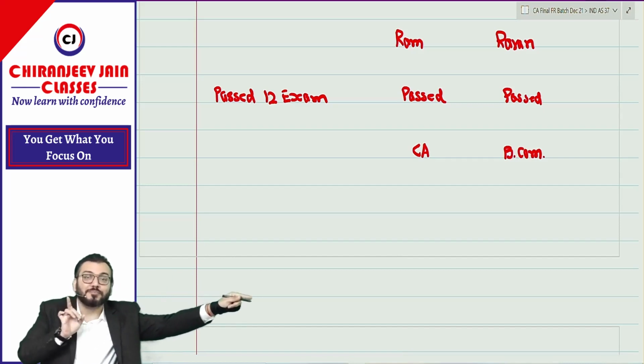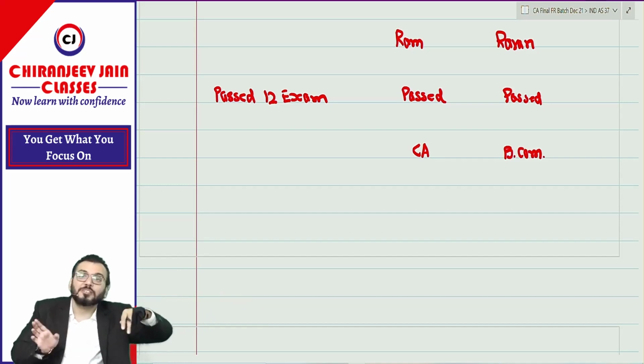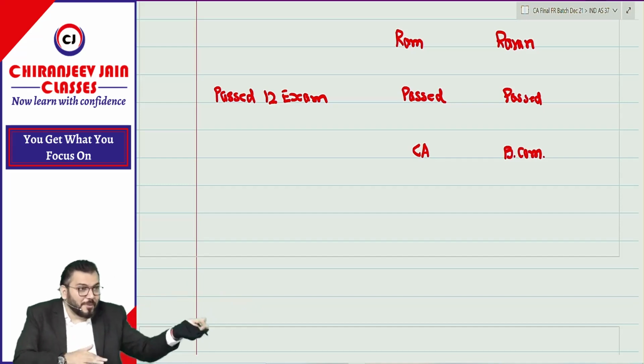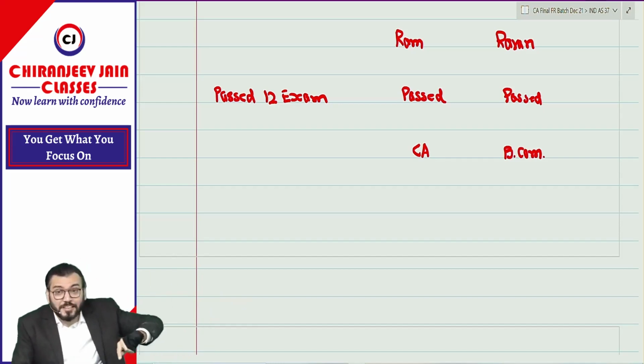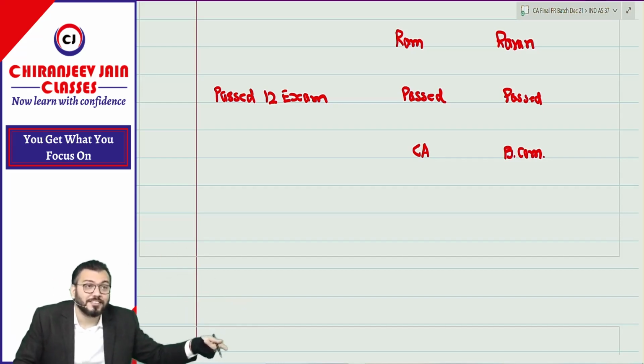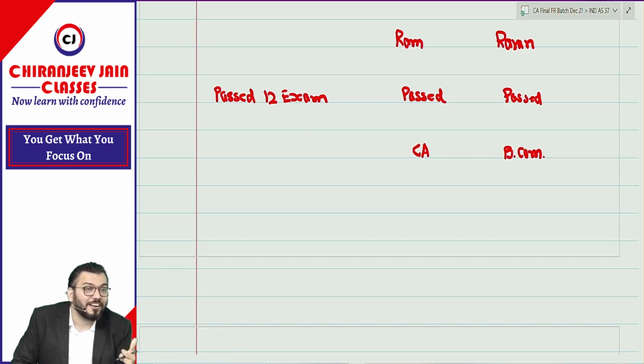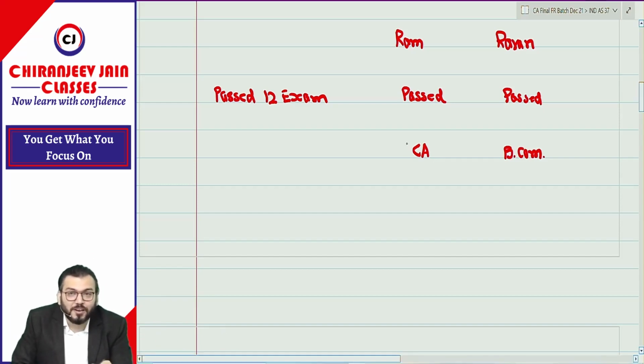Whether he will become a CA or not is not known. The outcome may be favorable or unfavorable, which is dependent on an uncertain future event that is not within the control of Ram. Can I say right now in the life of Ram there are some contingencies?